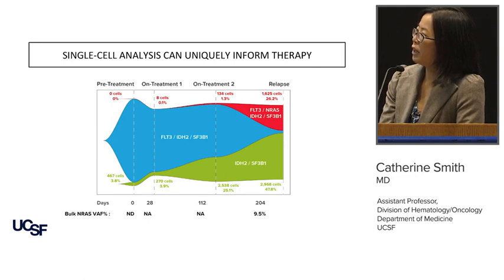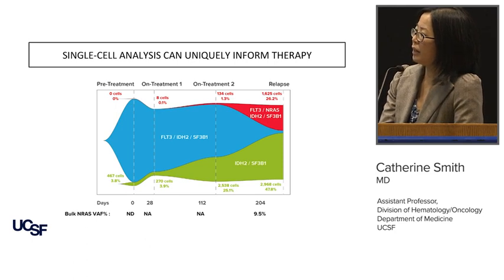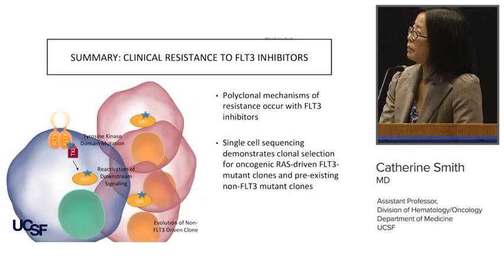And then finally, here is a secondary drug-resistant population with an NRAS mutation that you cannot see pre-treatment, but only 28 days after starting drug treatment, you can already see emerge, and it's clearly selected for on the course of drug treatment. And this is data that uniquely was obtained only because of the single-cell sequencing.